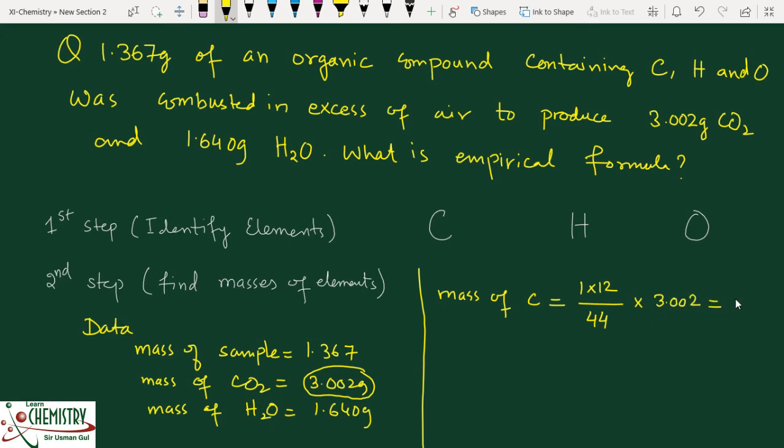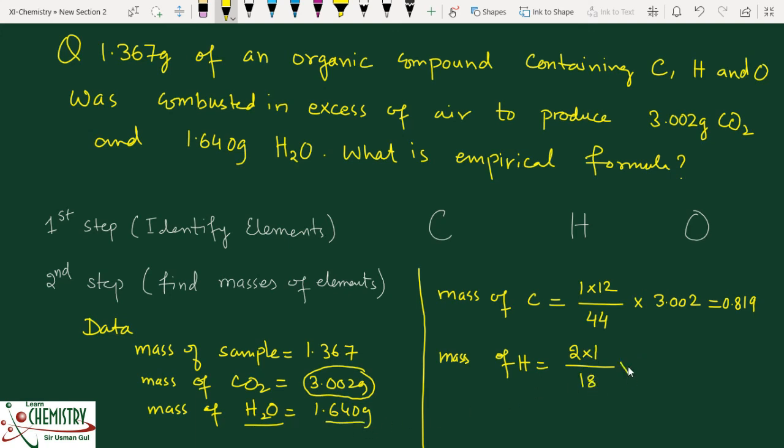Okay, when I do the calculation I will get the mass, that 0.819 gram.